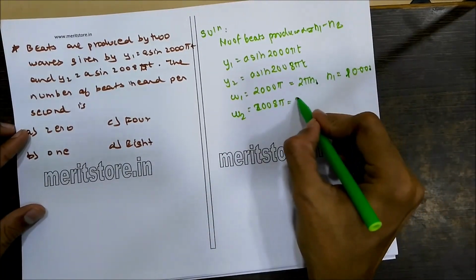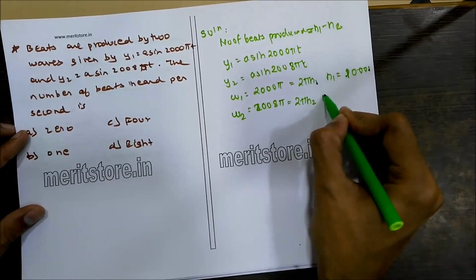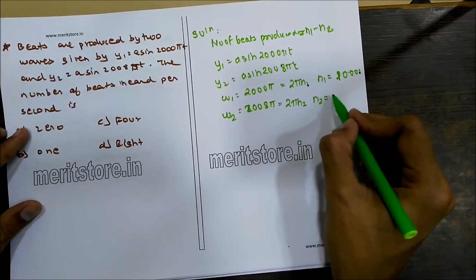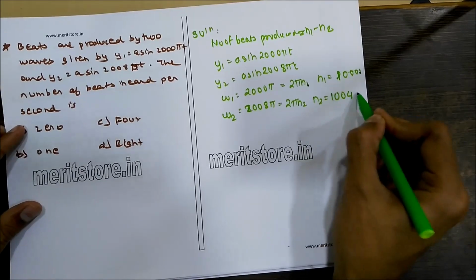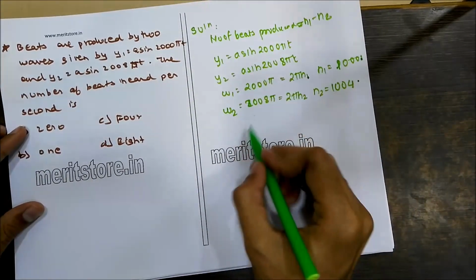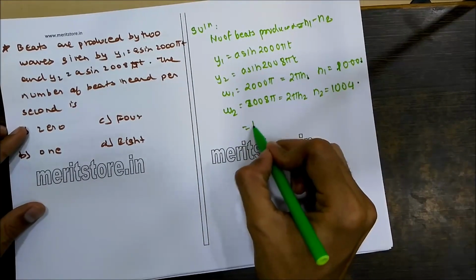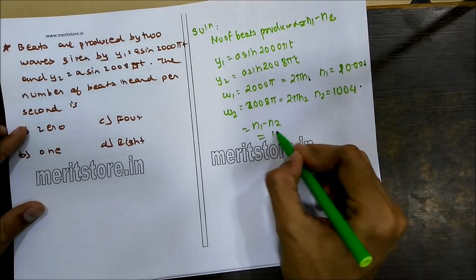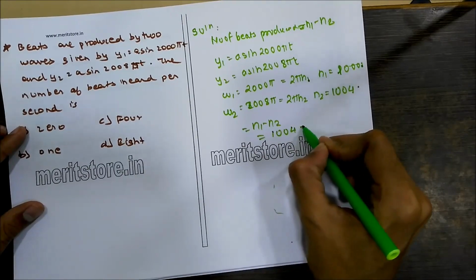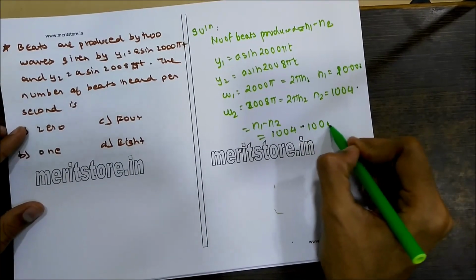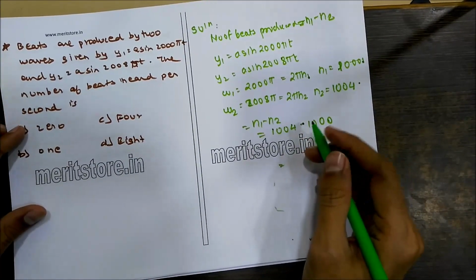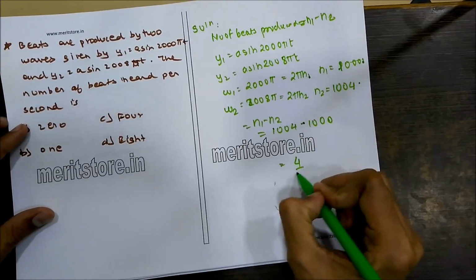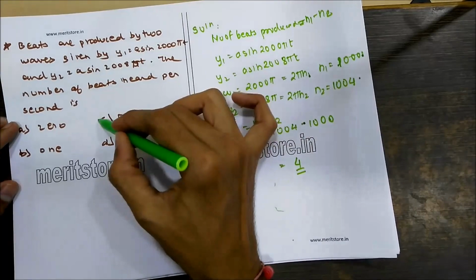Again omega 2 equals 2 pi n2, so n2 becomes 2008 divided by 2, which gives 1004. The number of beats produced is n2 minus n1, that is 1004 minus 1000, equal to 4 beats per second. So the number of beats per second is 4.